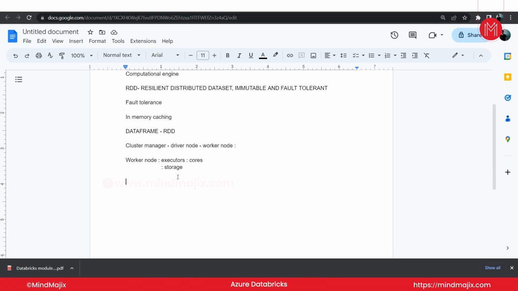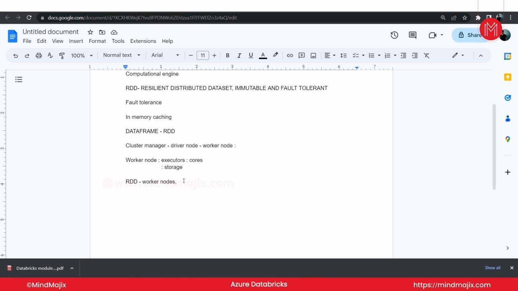Now coming back to fault tolerance. This RDD will be spread across multiple worker nodes. When I say that the RDD is distributed across multiple worker nodes, there will be multiple partitions of data, and each partition will be replicated in multiple nodes. Why?